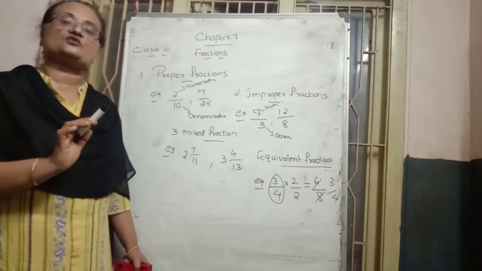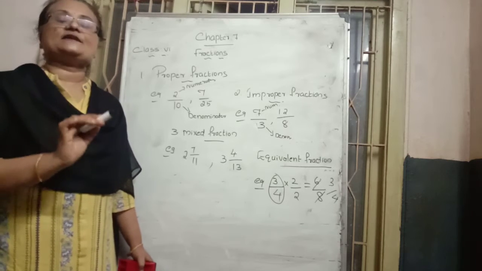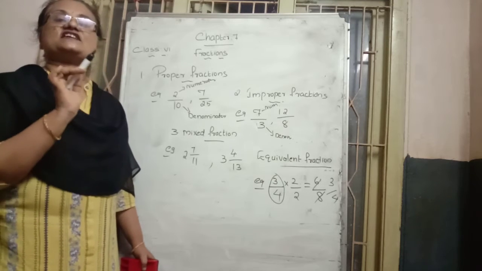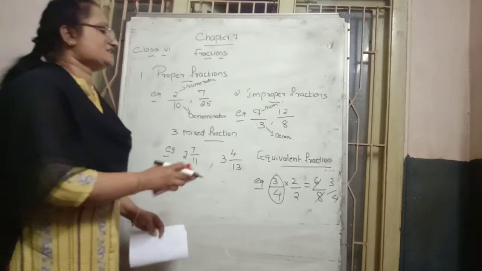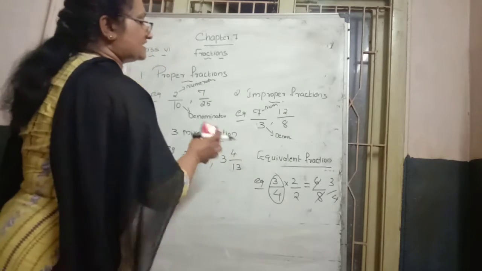Otherwise, they are not equal. So how do we get the equivalent fraction? If the given fraction is multiplied or divided by the same non-zero number, then we get an equivalent fraction. That is the meaning of equivalent fraction. I hope you can understand this one.